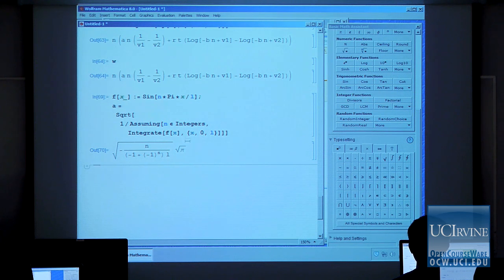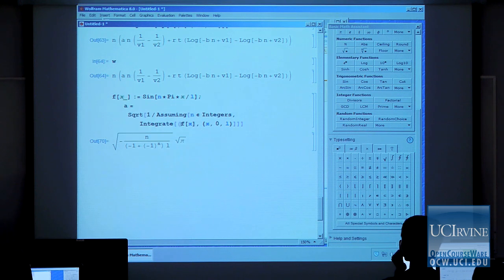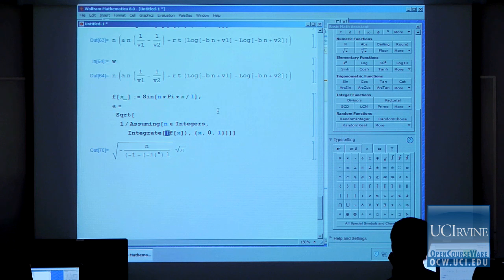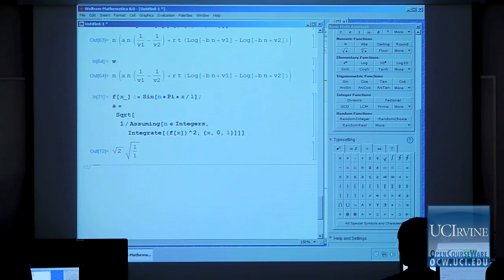Oh, okay, so first of all, I did something really stupid. I should have been all along integrating f squared. That's what we want. Okay, so now we get the right answer.